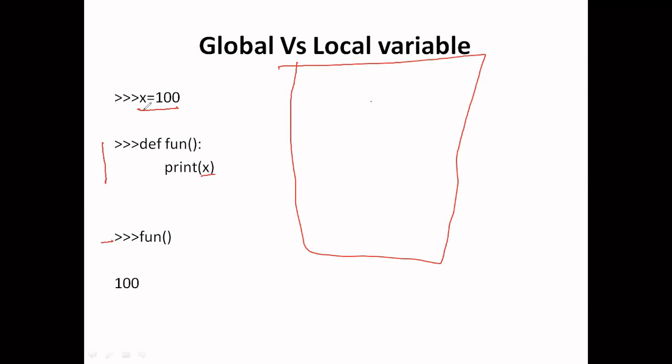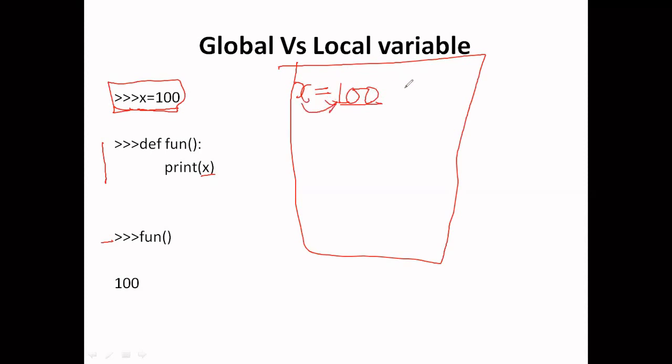and after that I am writing this variable. After the start of that particular interpreter, I am writing this variable x equals 100. So there will be a namespace created, and that will be called the global namespace, and inside that the variable will be created. Basically that means we have an object 100 which is associated with the variable x.